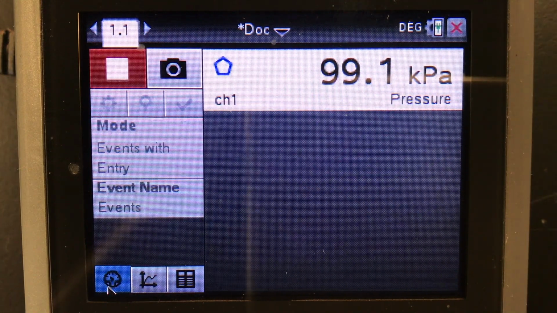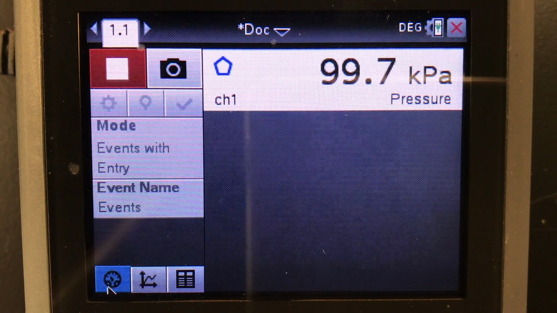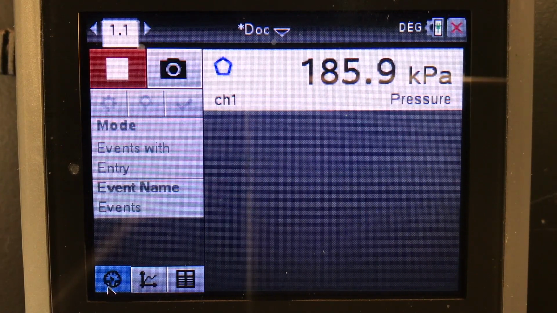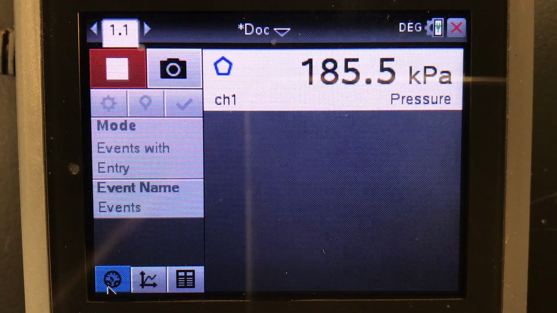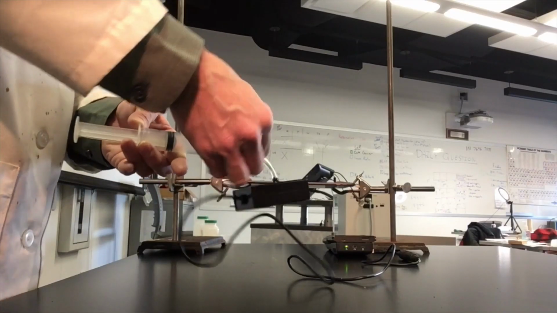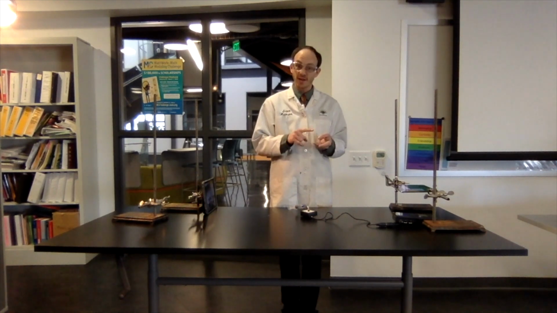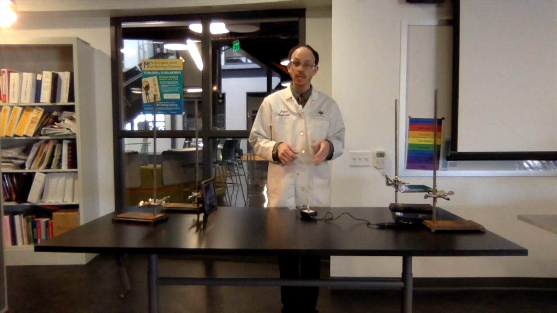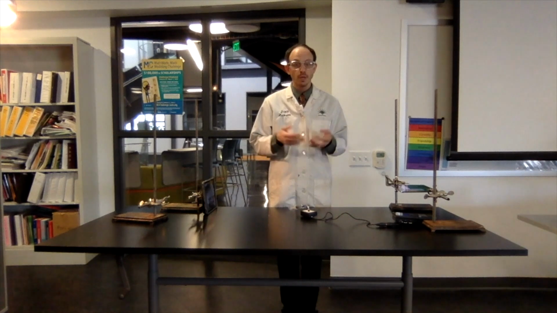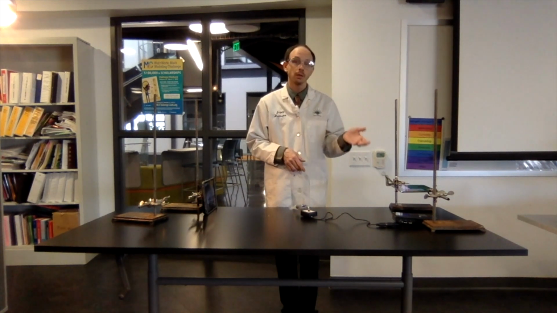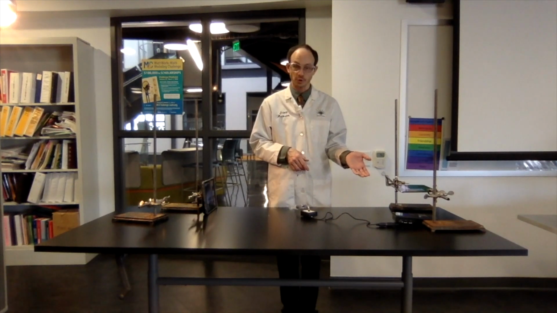Okay, so now you see I'm at 20, and then I'm going to push down to 10, and it's 185.5. So there are 5 data points, 2.5, 5, 10, 15, and 20, that you can now graph to try to tell the relationship between number of particles and pressure.